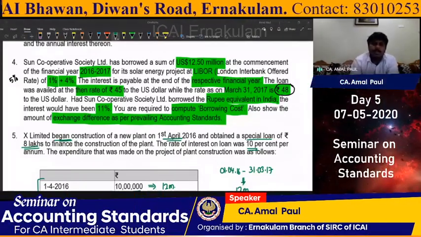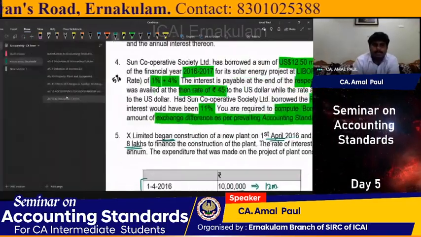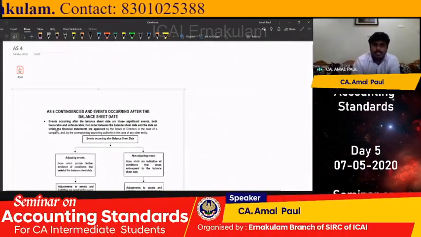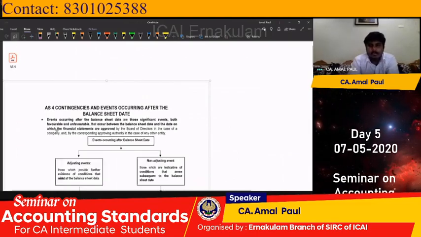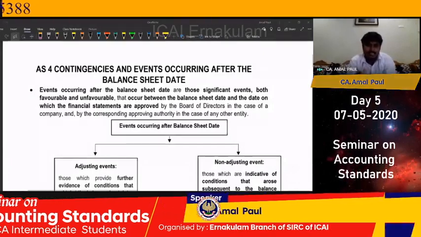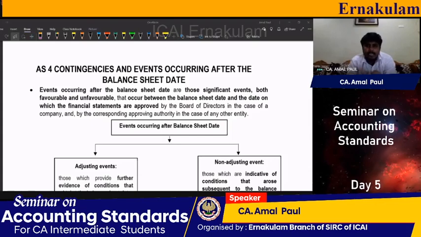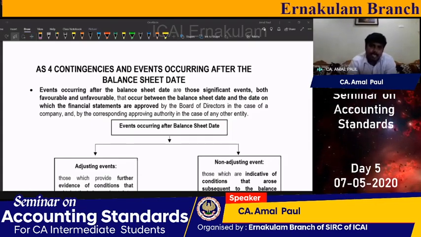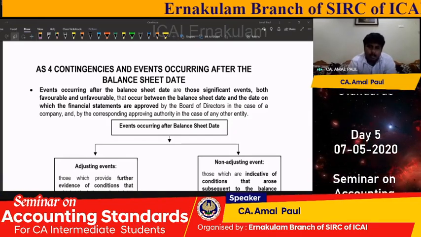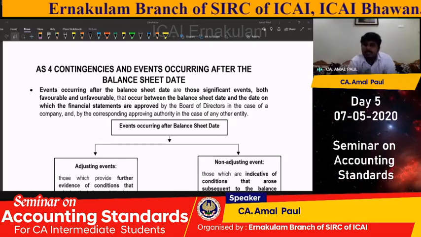Okay, so we'll go to the second group standards. If you consider this, we are having around 12 standards in this group: AS 4, AS 5, AS 7, AS 9, then AS 17, 18, 19, 20, 22, 24, 26, 29.